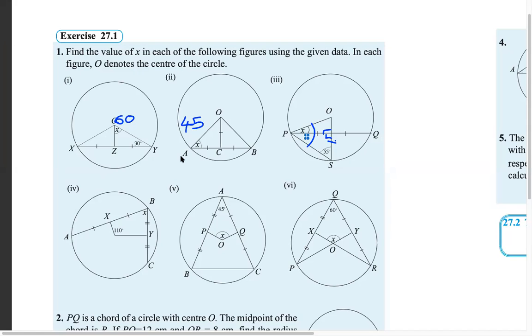Chamak, how did you get the magnitude of x in here? 70. Exactly, it is 70. You are correct. So x in here is 70, and okay, good. So what about this x in here?